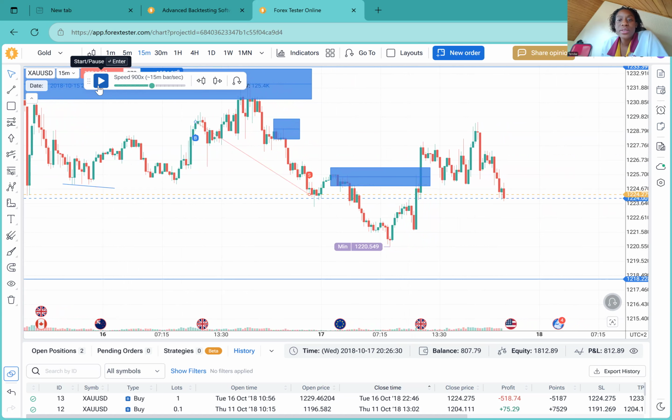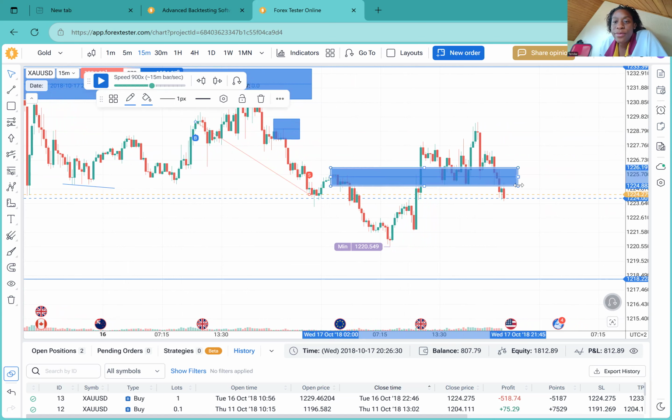So, right here again, we have broken to the downside, right? Price decided to break to the downside.